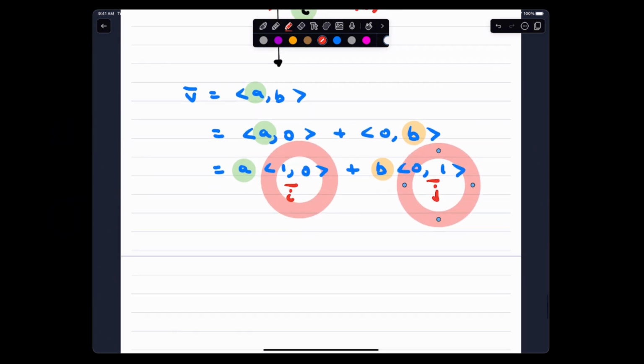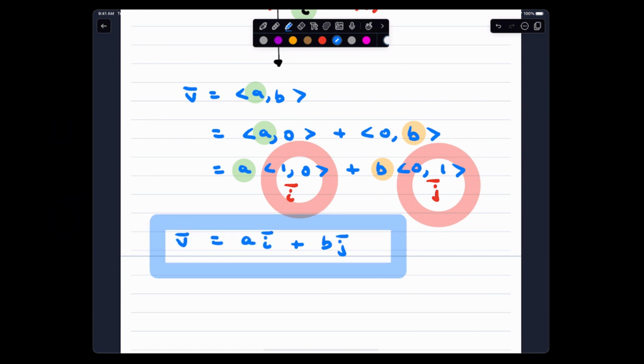So what I'm proving to you is that this becomes ai plus b what? j. Here's vector v, where you have those components here.